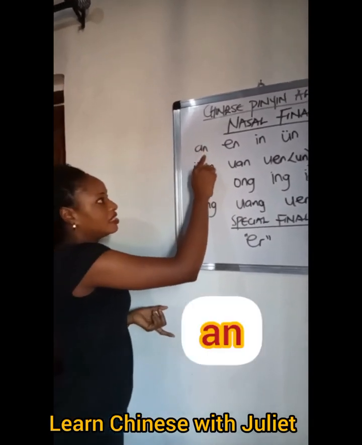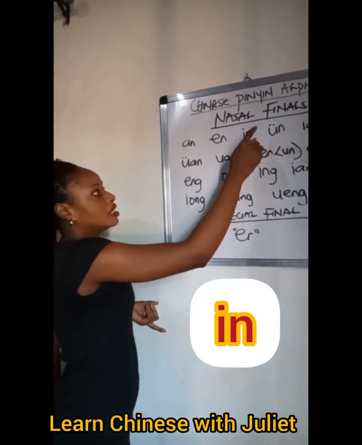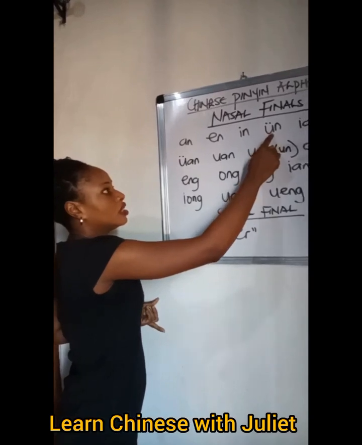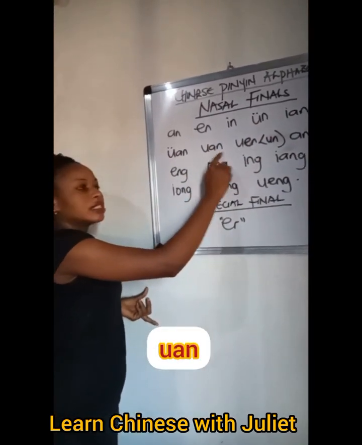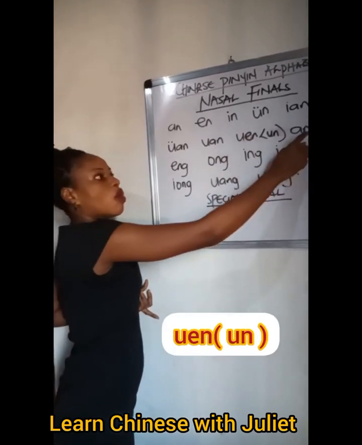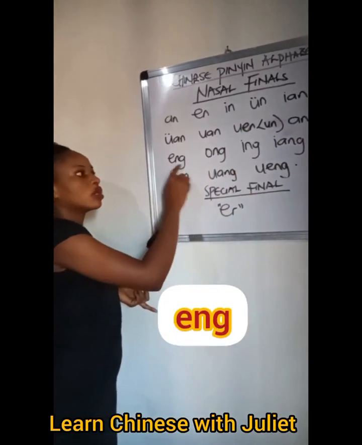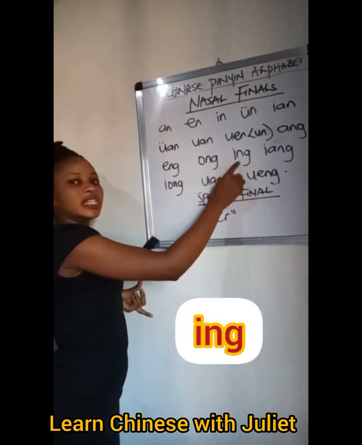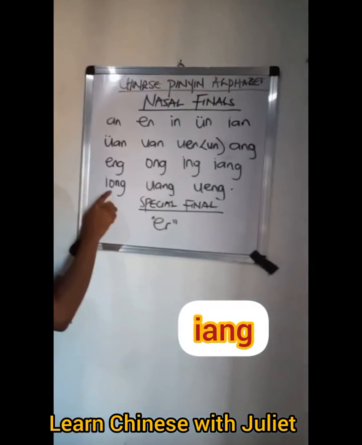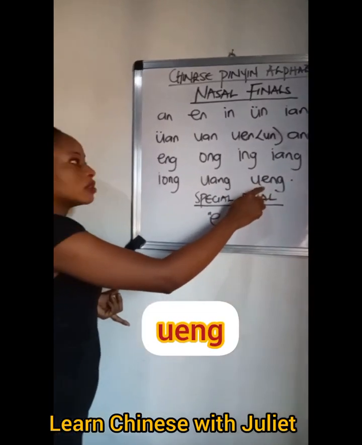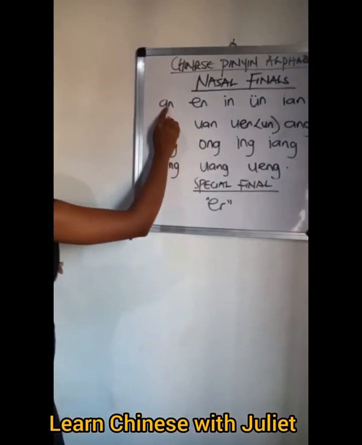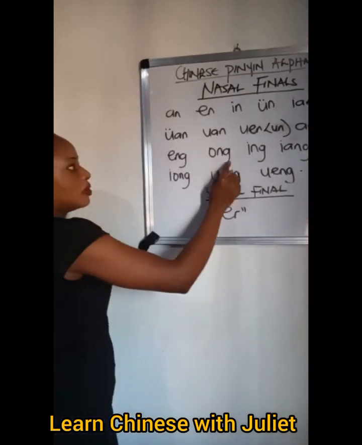Now let's start from this. We have an, in, uan, yan, un, wen, ang, ong, yin, yang, yong, wan, wang. Now when you watch, you discover that some end with n and some end with ng.